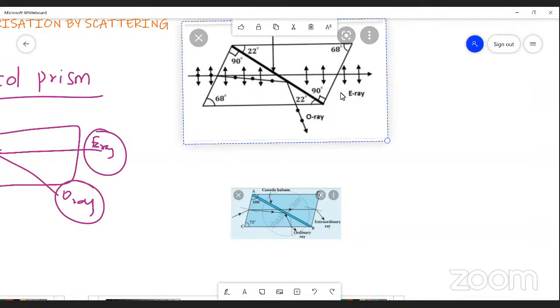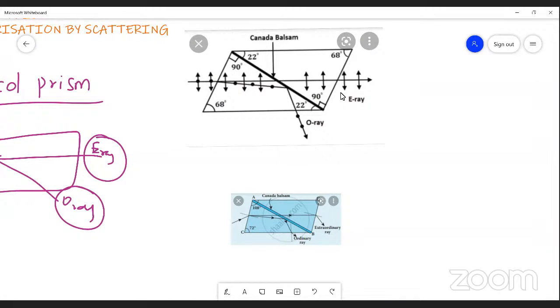This is 68 degrees, this is 90 degrees, this is 28 degrees, and this angle is also 28 degrees. The angle should be converted from 72 to 68 degrees.